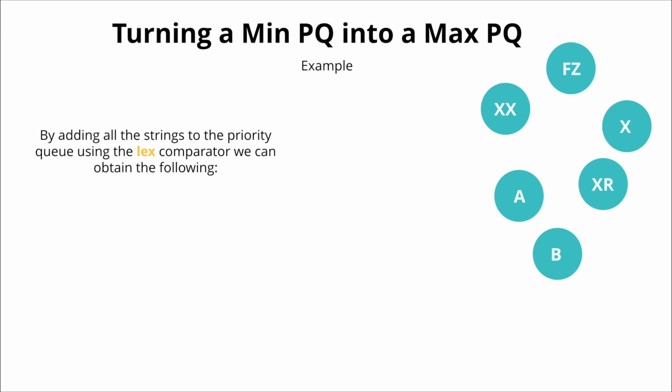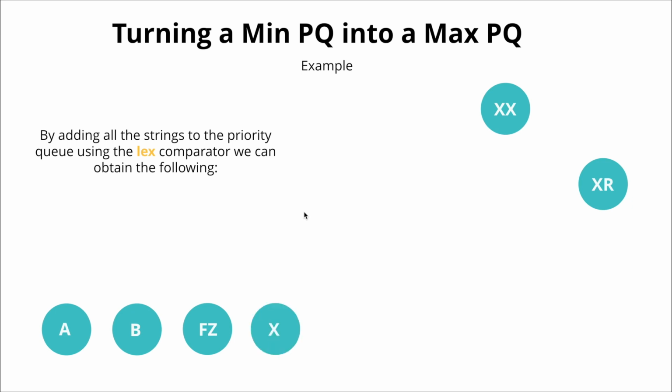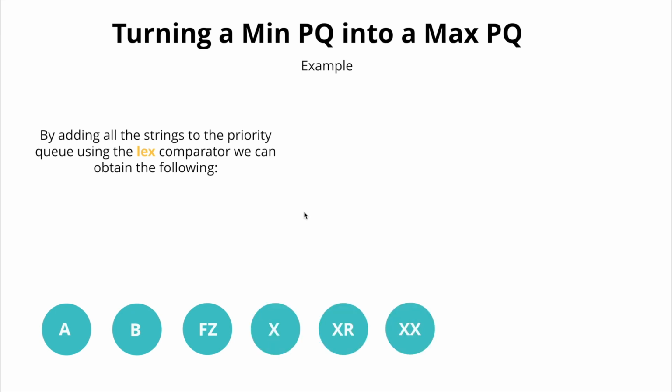If you call the first remove operation, we're going to have A, because A happens to be at the beginning of the alphabet in the English language, and it is also the shortest string in the priority queue. Then if you call the next remove operation, we have B. Then we have this, this, and that. So this is the way strings are sorted in a lexicographic order.